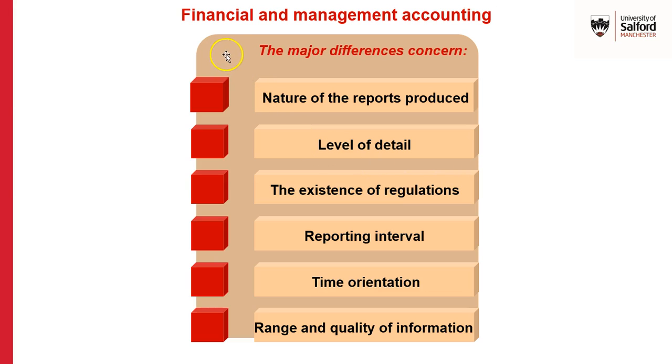Now, we saw in our original diagram that there were financial accounts, those are the ones reported to the outside world, and there are management accounts, the accounts that the managers use in order to control and take decisions. I undertake voluntary work for a small limited company, and every month we prepare a profit and loss account for that month.